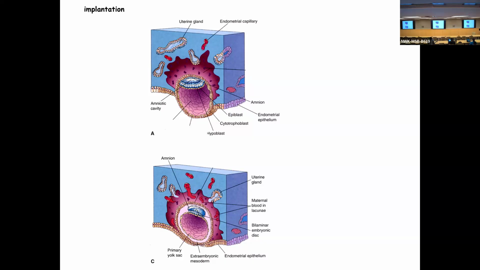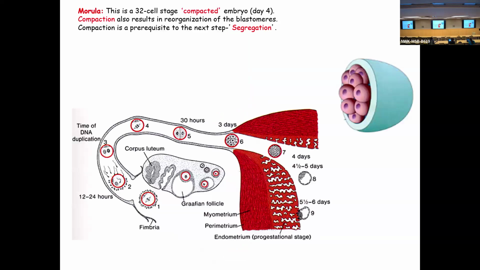I wanted to ask you if you can imagine what would happen if the zona pellucida is disrupted ahead of time, let's say at the morula stage. Let's go back, for example, here. At the blastocyst stage, the zona disappears at the right time, and then the embryo without the zona pellucida can implant on the endometrium, in a progestational stage.